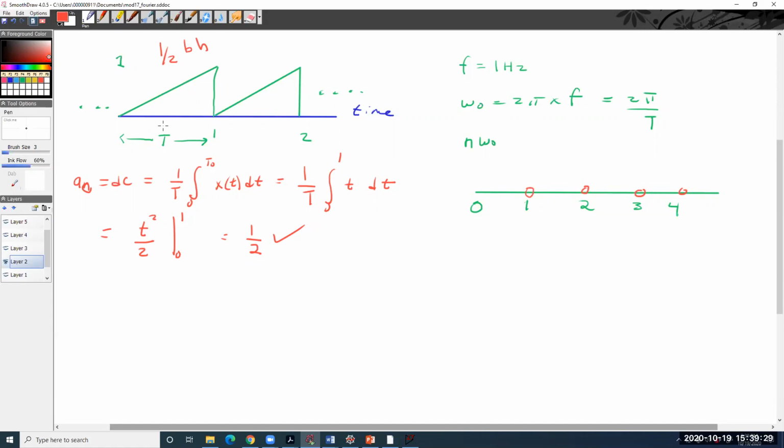The base is 1 second, and the height was 1. Just by finding the area and dividing it by the period, that gives me the DC average. So hopefully you can see how the DC average is going to work.